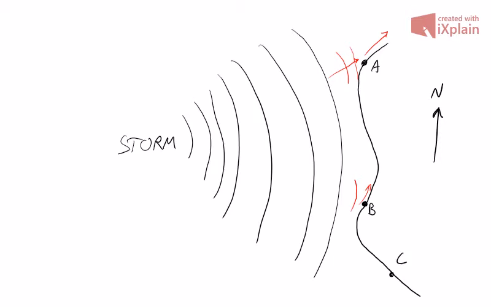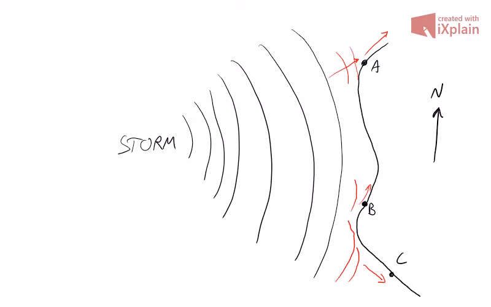However, with C, the waves coming in on the other side of that point that's between B and C, the waves are still going to be coming in and they're going to push more in that southeast direction, right? So hopefully that was pretty intuitive.